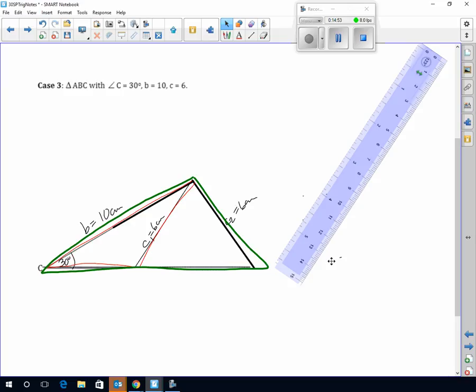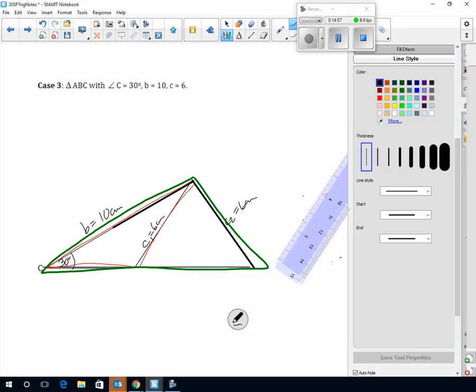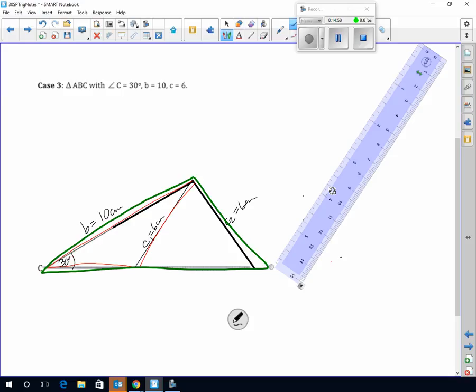Okay. Is there ambiguity here? Yes, we're not sure which triangle you intend. So, 2 triangles possible. Ambiguous case.